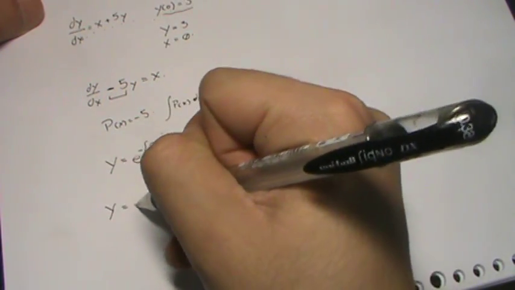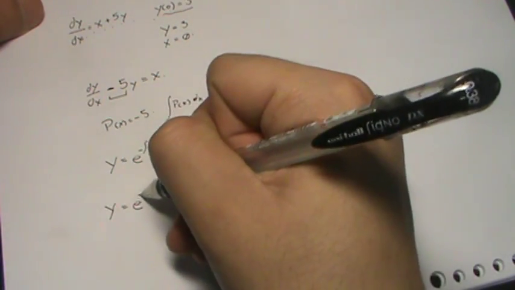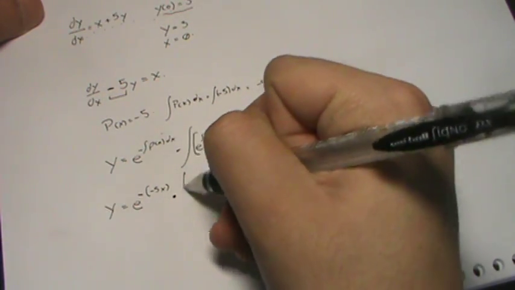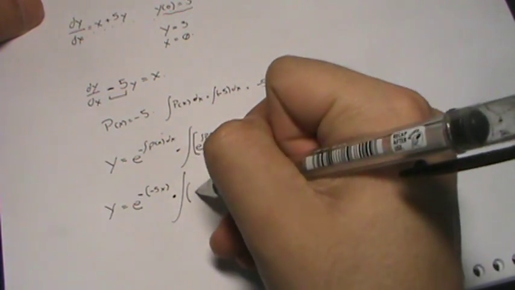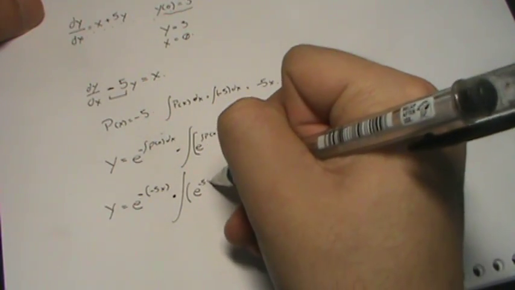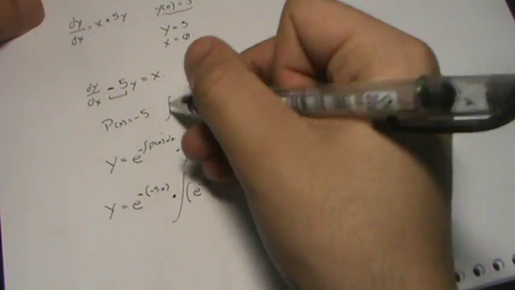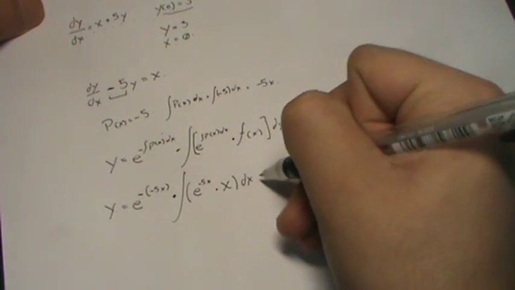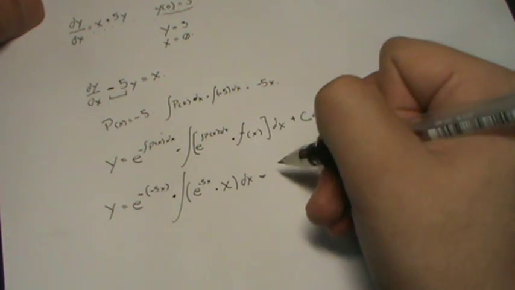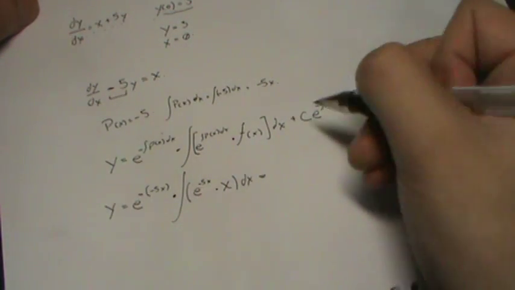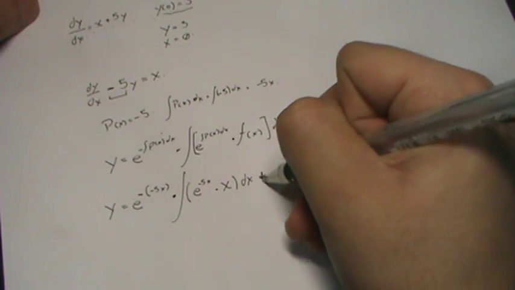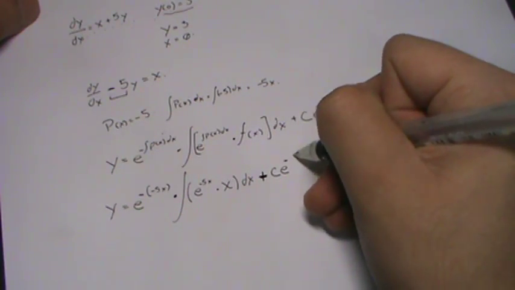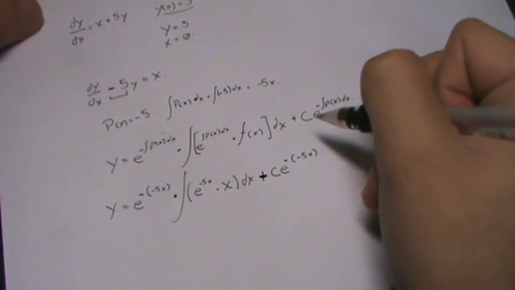So y is equal to e to the minus 5x times the integral of e to the minus 5x times f of x, which is just x, dx, plus c e to the minus 5x.